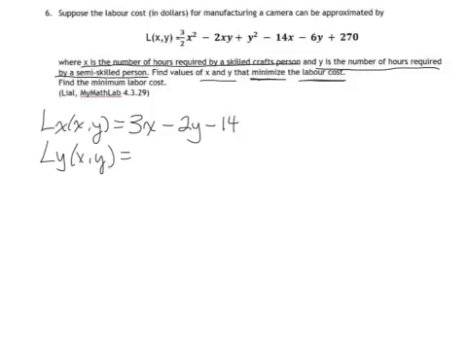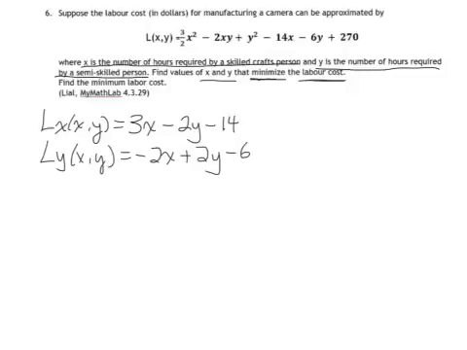Negative 2xy, we have negative 2x as the derivative, plus y squared, that's going to give us a 2y derivative of that term. Minus 14x is just a constant in this case, derivative is 0. Minus 6y, we have minus 6, and 270, a constant, derivative is 0.